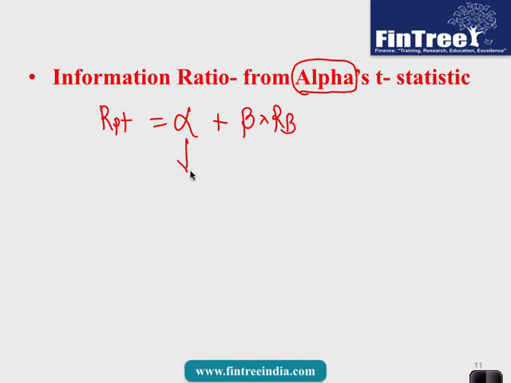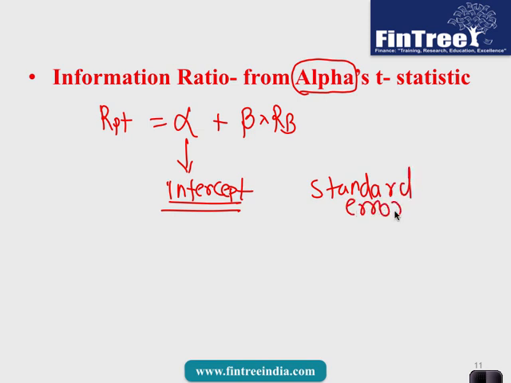Now this alpha is nothing but the intercept, and in quant we have learned that when we generate an ANOVA table, any statistical software will generate an intercept. It will also generate a standard error for the intercept.